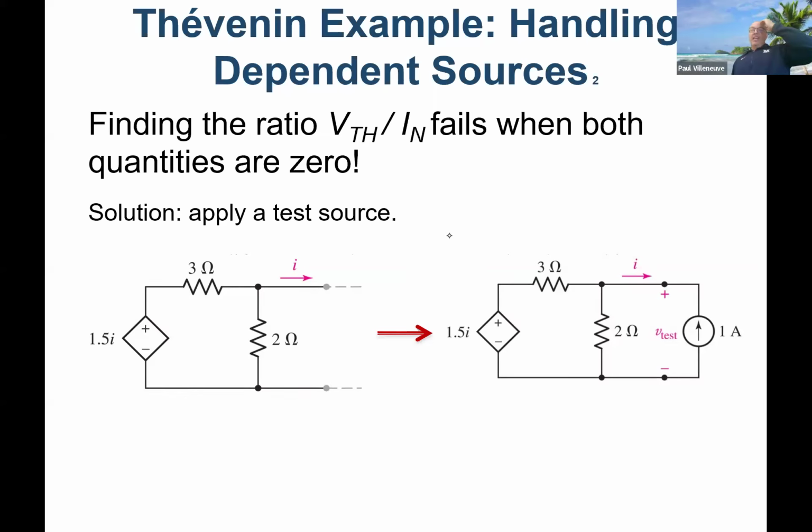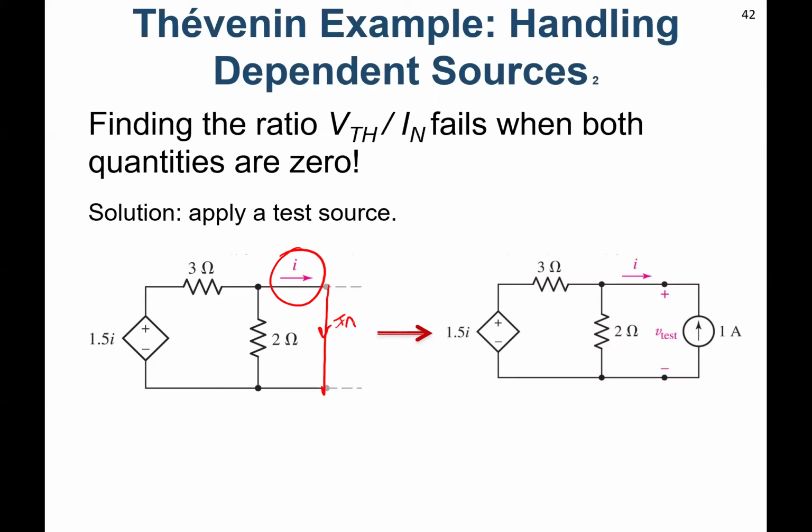If you can't do V Thevenin and I Norton because you're ending up with zeros for whatever reason, then just put a test source on there. Plug in a test source at the terminals. If you tried to do that over here, where you have 1.5 I, if we short this out, what does I Norton equal? This is I Norton, right?